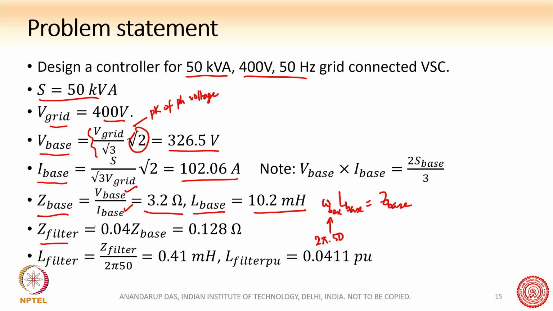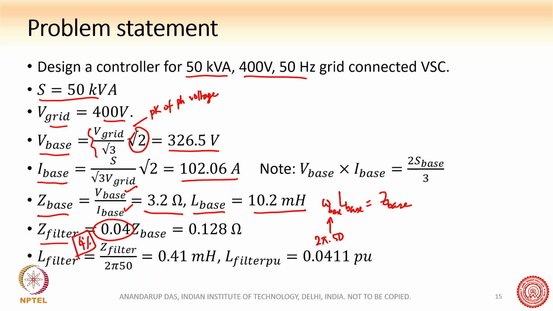So we have taken the filtered inductance to be 4% in this example. Usually the filtered inductance values vary from 4% to 8 to 9%, something like that. Normally this is where the filtered value usually lies.